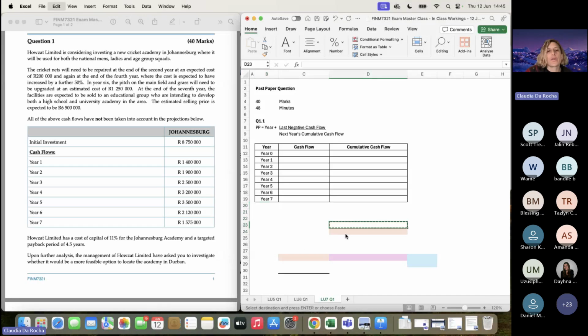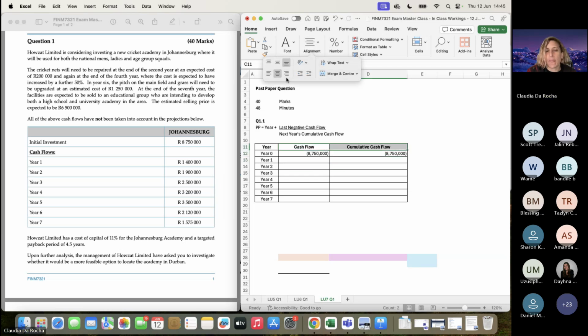In year 0, we have an initial investment, and there's no adjustment there. We note it as a negative amount because we are paying it, so we show it as a negative value, which means our cumulative cash flow is 8750.